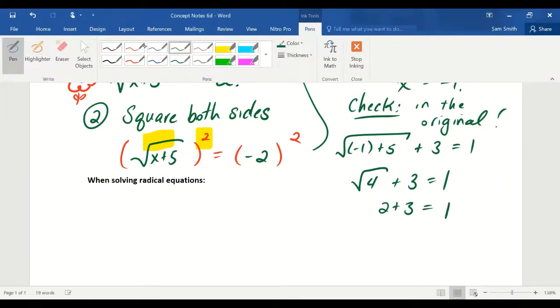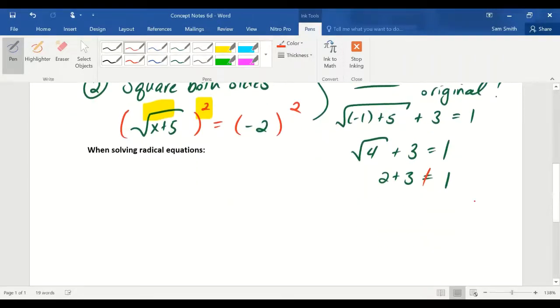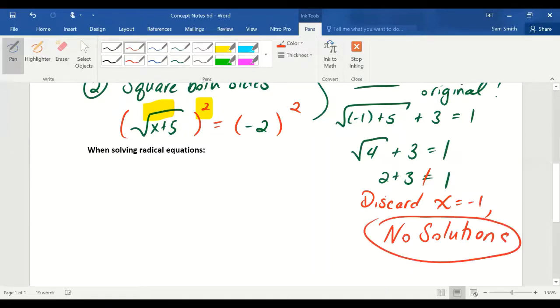And so I have obtained 2 plus 3, but that's not equal to 1. So x equals negative 1 is actually a fake solution. And it has to be discarded because it didn't actually do what a solution is supposed to do. So let's discard x equals negative 1. It was fake, leaving us with no solutions left. We discarded the only one we had.